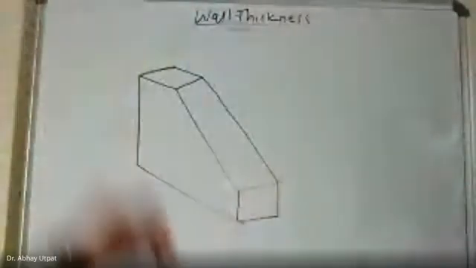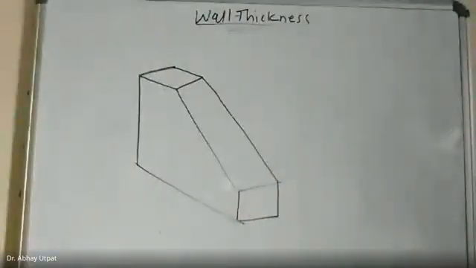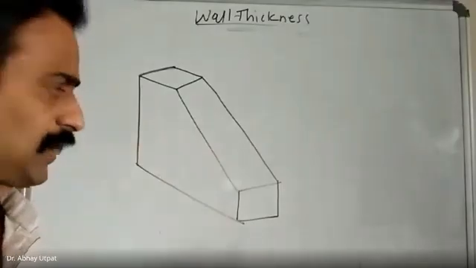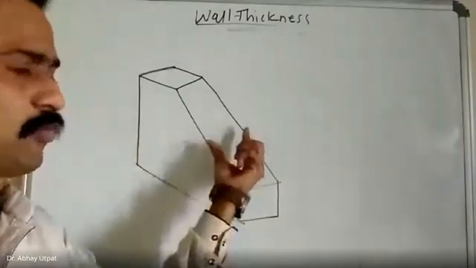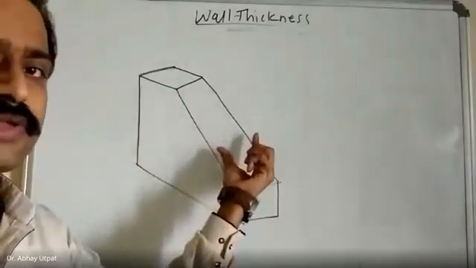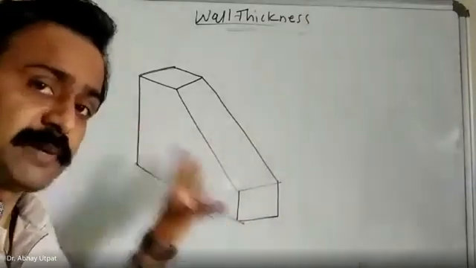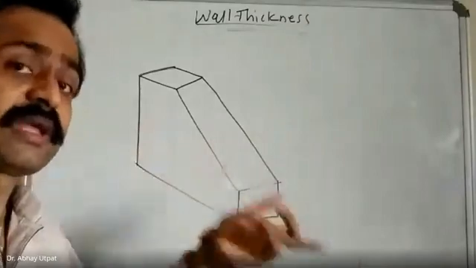Now see, as I was explaining, the size or shape constraint. This is my requirement of a plastic component. I want to produce this. See how thick it is. Thickness is very high. Without disturbing shape and size, you can keep uniform wall thickness.